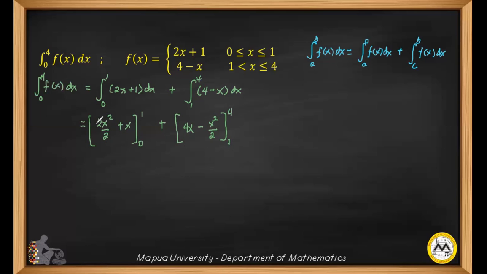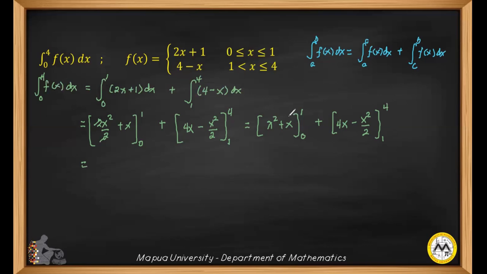Now here, we can actually do cancellation, which will give us x squared plus x to be evaluated from the lower limit 0 to the upper limit 1, plus 4x minus x squared over 2 to be evaluated from the lower limit 1 to the upper limit 4.